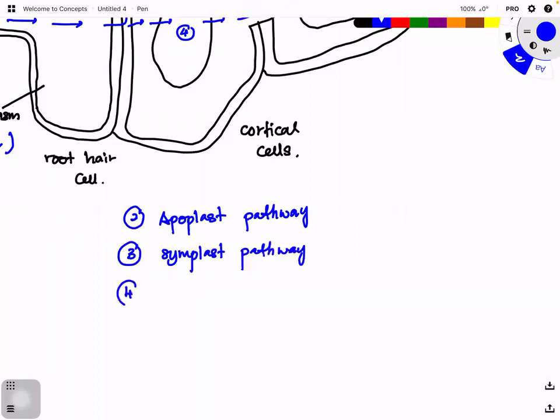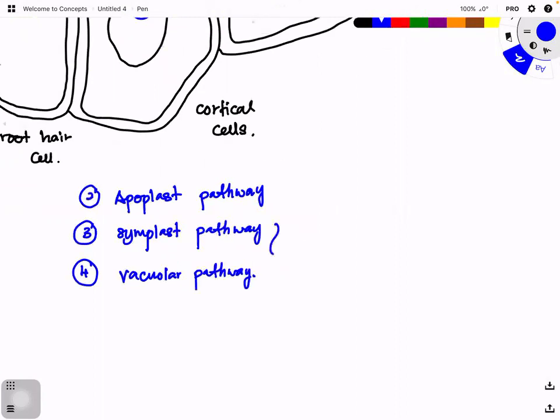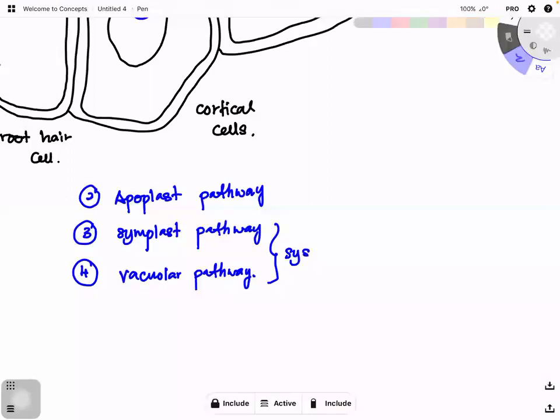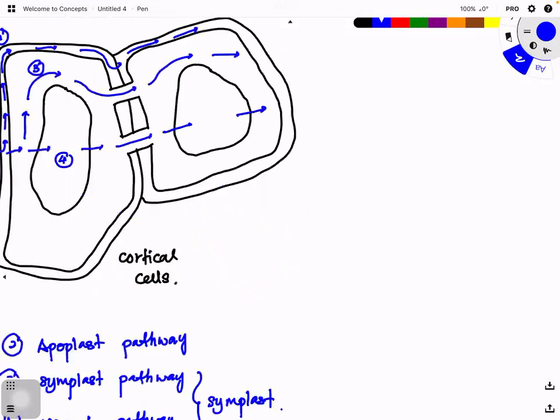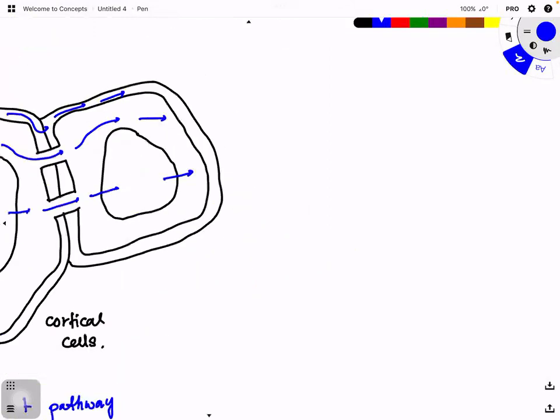And number 4 is the vacuolar pathway. Are you clear? Okay, so the symplast and vacuolar pathways, we can group them together as symplast. Okay, so now we come to what we call the endodermis now.